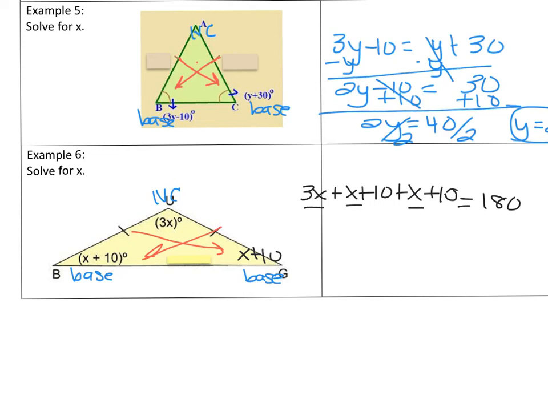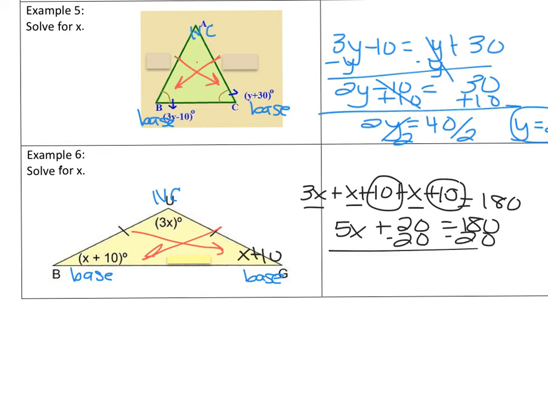That's 3x, 4x, 5x. And then I'm going to put my numbers together. 10 and 10 makes 20, which will give me 180. I'm going to subtract from both sides. So therefore, 5x is equal to 160. I'm going to divide by 5. So x is equal to 32.